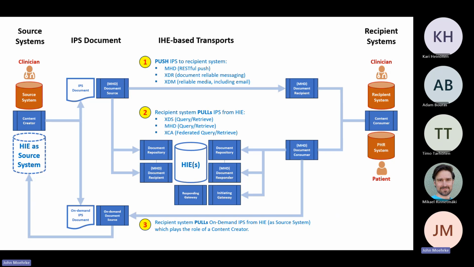And when a recipient pulls that one, a fresh IPS is created that gets returned to the document consumer, and it also gets persisted.